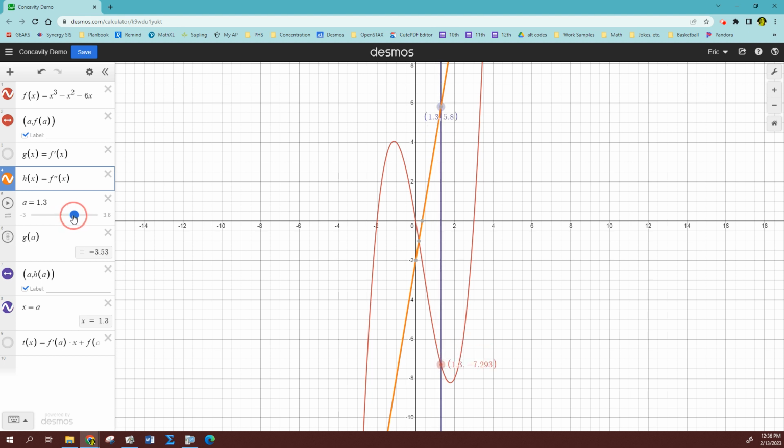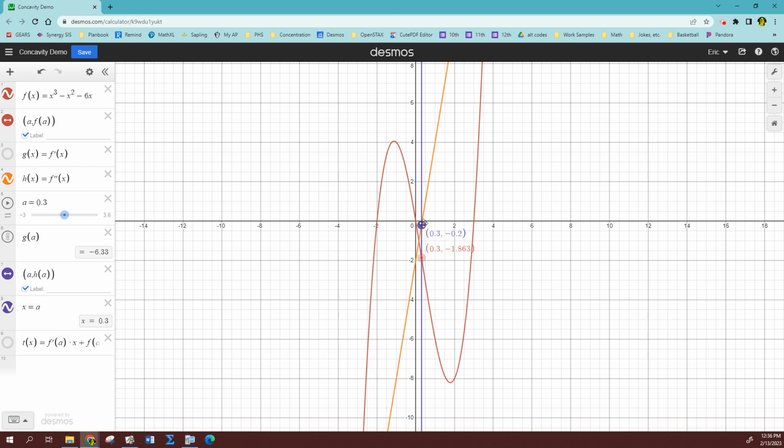The purple point up there gives us the x value of the function, and the y coordinate is the concavity, the second derivative, which quantifies the concavity, right? So notice that right about in there, well, I missed it, but it's right in there, is where the concavity transitions, right?